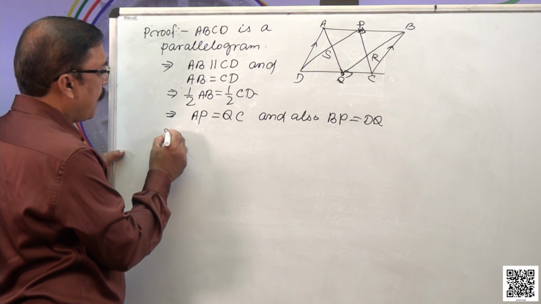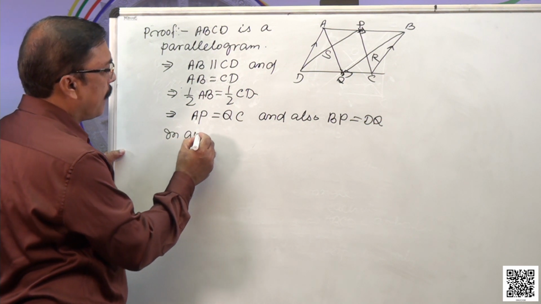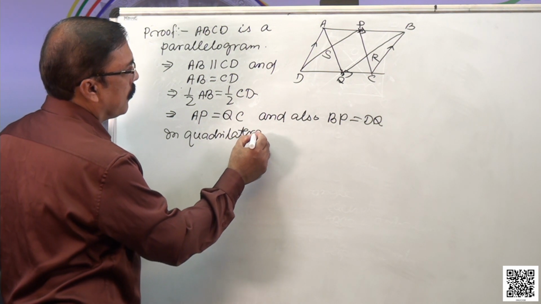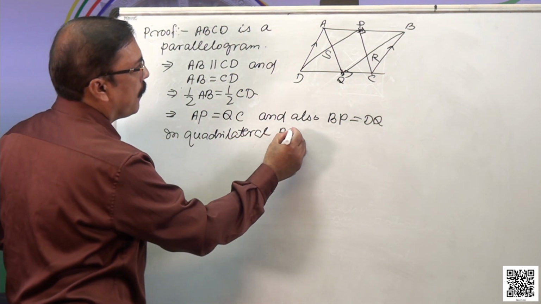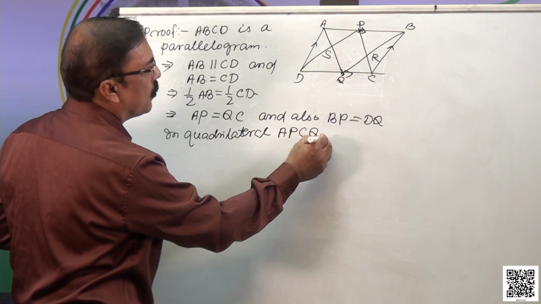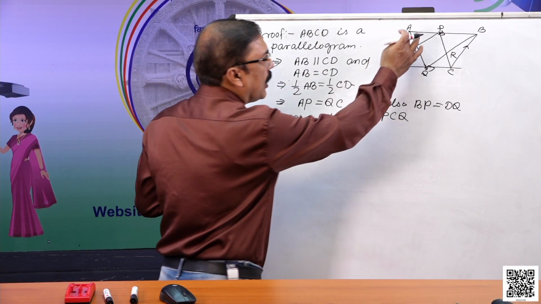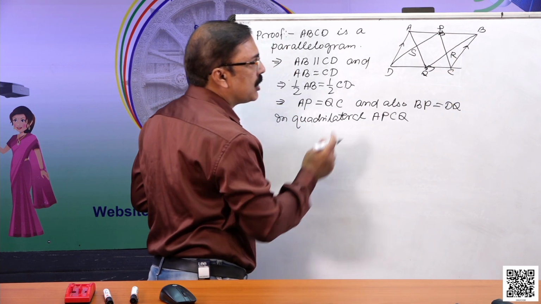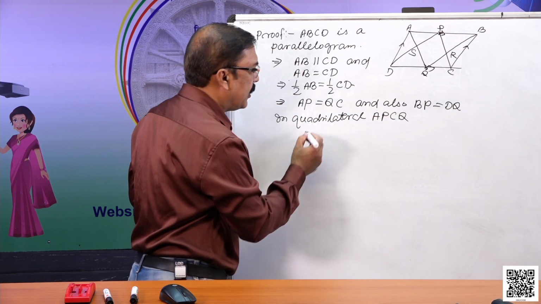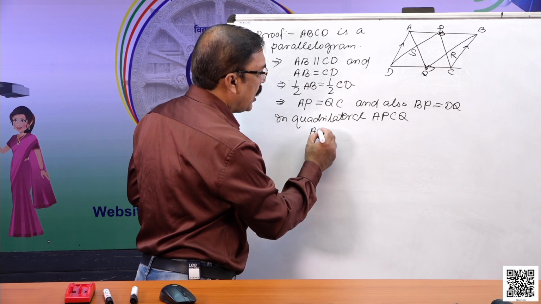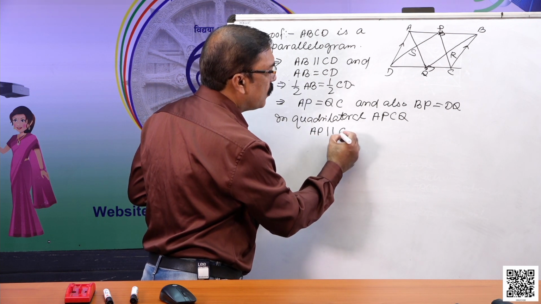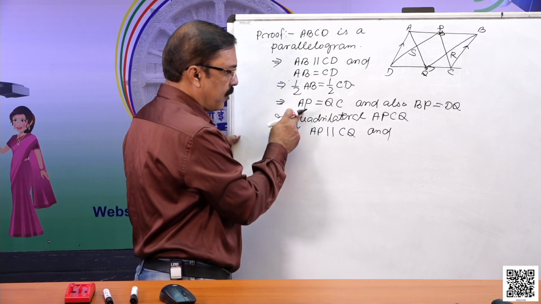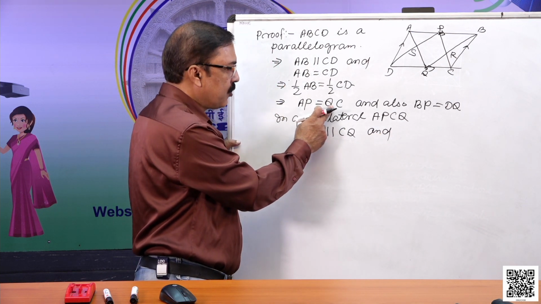Now in quadrilateral APCQ, we know that AP is parallel to CQ as AB is parallel to CD. So we can write AP is parallel to CQ, and it is proved that AP is equal to QC.